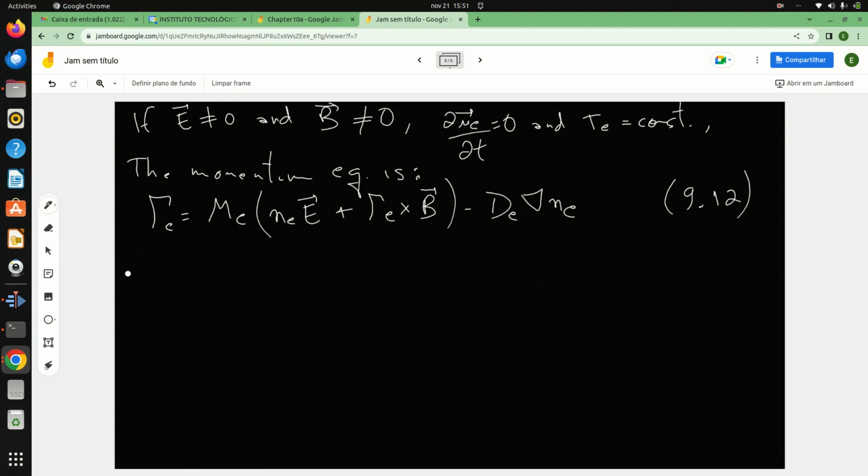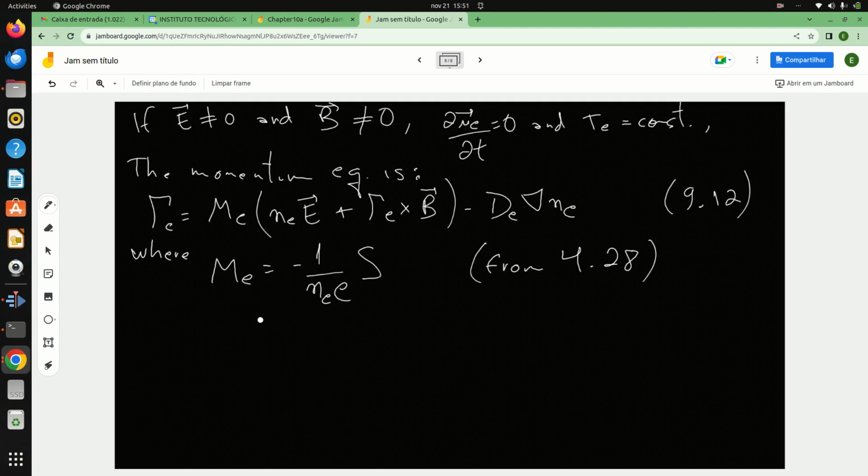And here M E is equal to minus 1 over N E times this tensor, from 4.28 in the previous video.